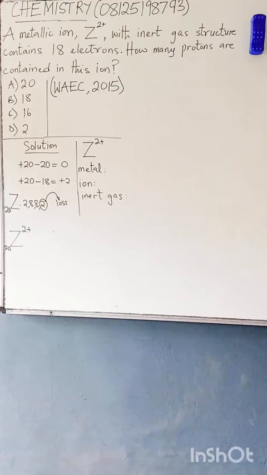How can you get the correct option? Let us explain each of the terms mentioned in this problem. The first term is metallic ion. The word metallic is gotten from metal. So let's explain what a metal is.